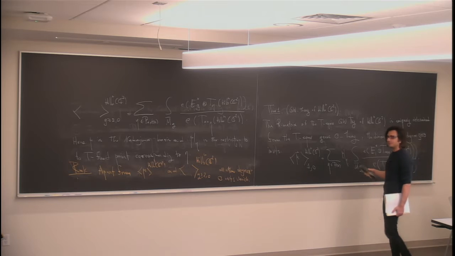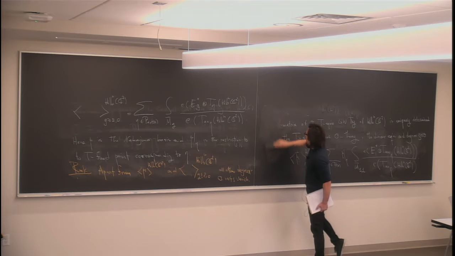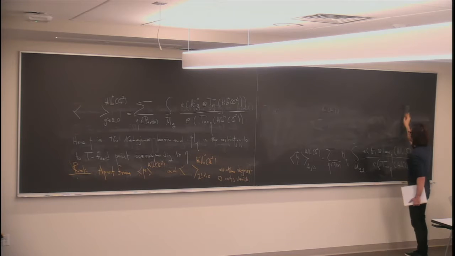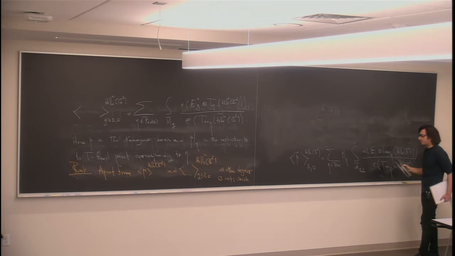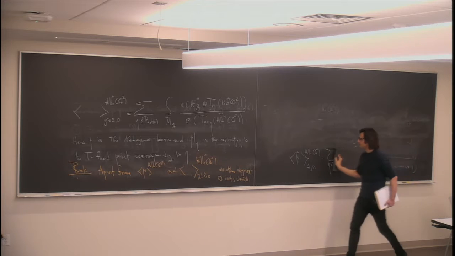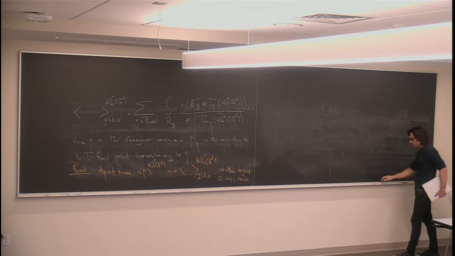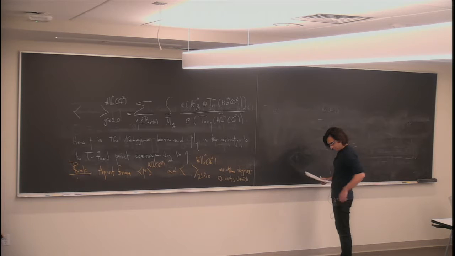It's genus 1 and some number of marked points, curves which have constant maps, which are being sent to the target variety by constant maps. They're contracted to a point.